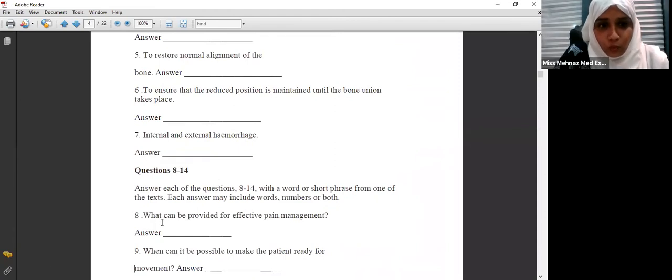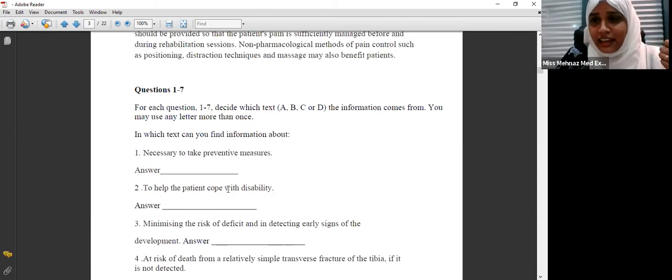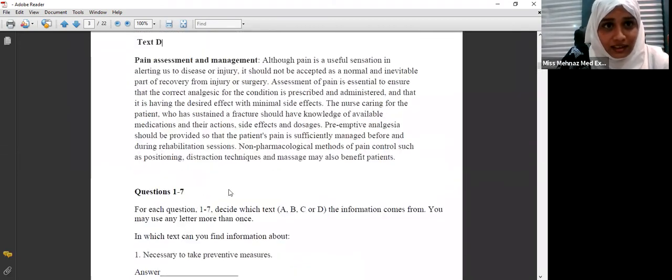The question says, what can be provided for effective pain management? So pain management. Anyone want to say in which text this information is going to be? Is it going to be in Text A, that is reduction, or Text B, that is rehab, C is complication, and D is pain assessment and management.